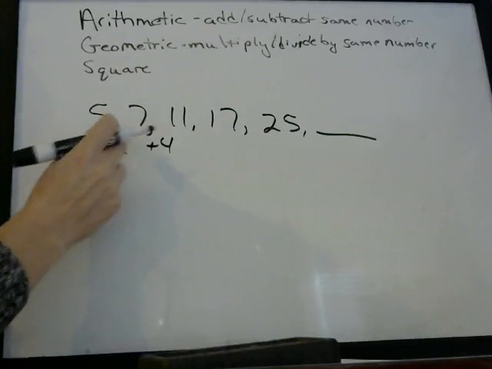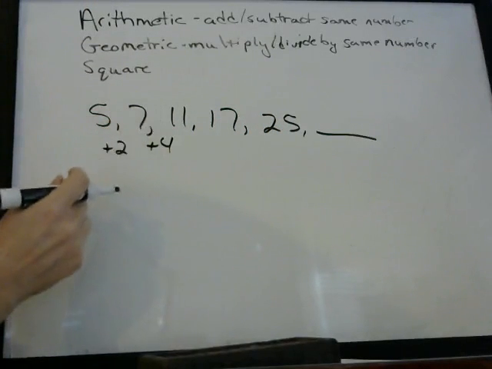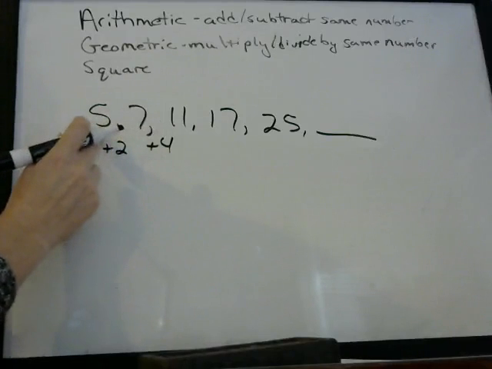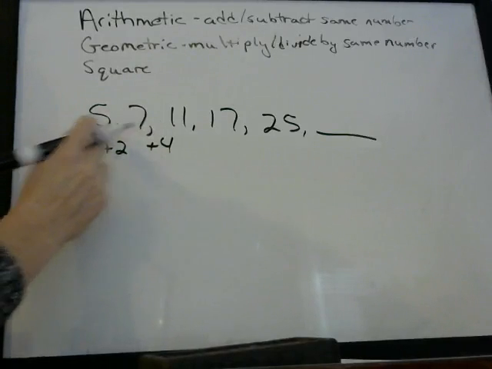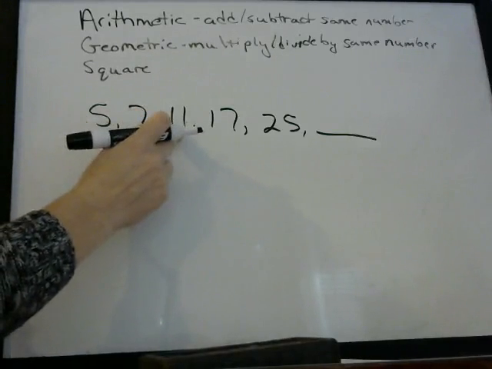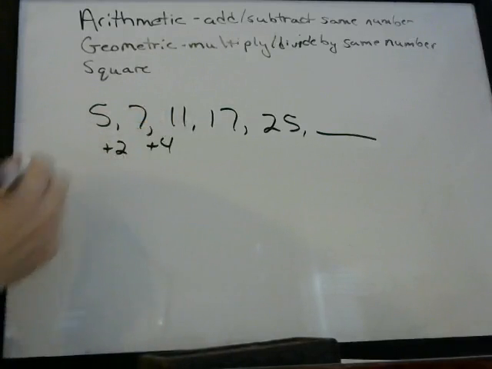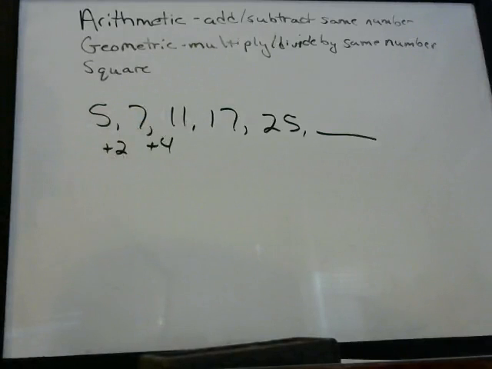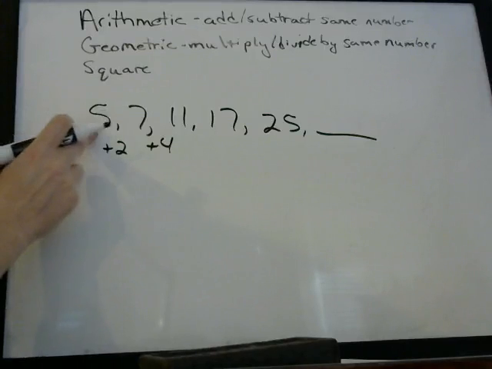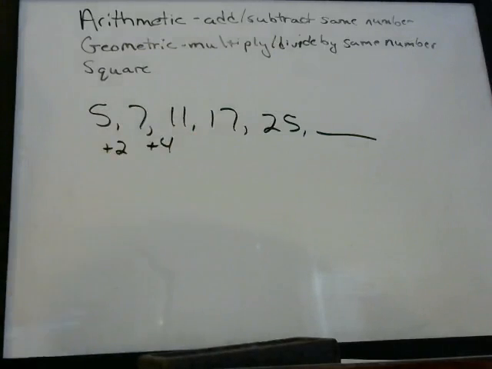Well, to go from 5 to 7, that's some crazy number, 1 point something, and here's 1 point something. So geometric, just offhand, doesn't seem feasible. They're not going to have some sort of complicated thing that you're going to multiply by. And they're not squaring the numbers to get them.